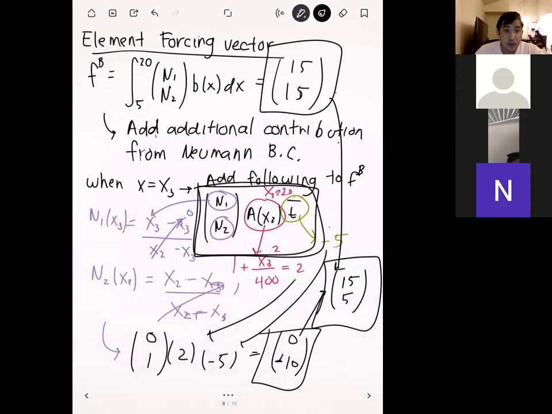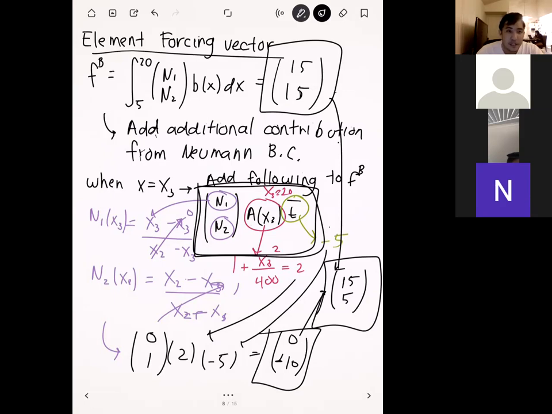Remember, the way that we apply the Neumann boundary conditions for these problems is a little bit different, because the Neumann boundary conditions are baked directly into the weak form. When we formed the weak form, we had our 3 integral expressions. Once we added them up and evaluated it, we also had this term for the Neumann boundary condition.